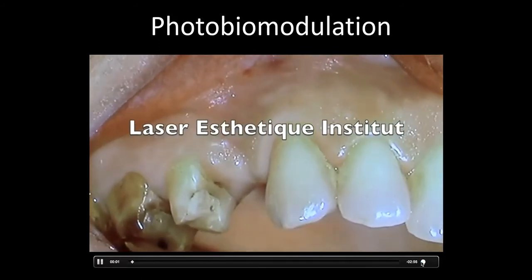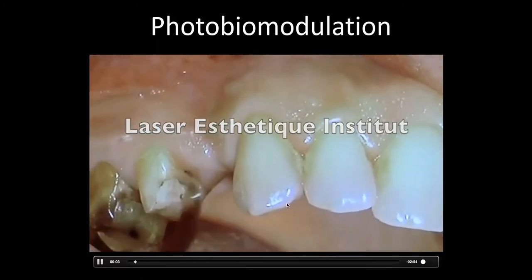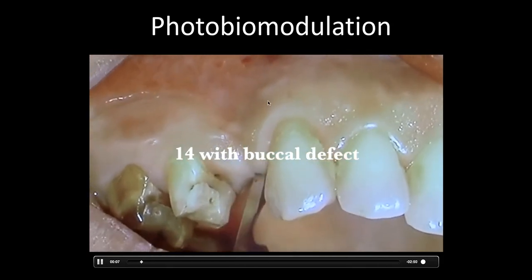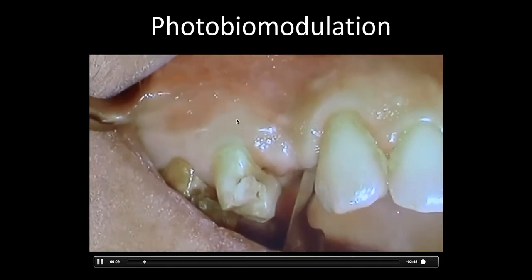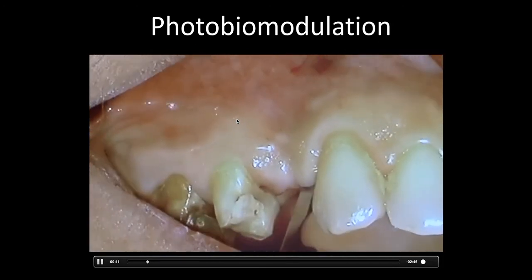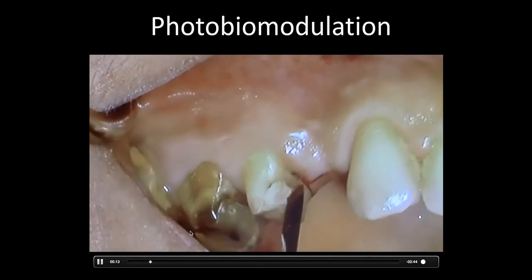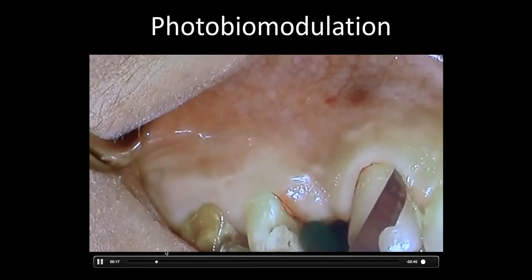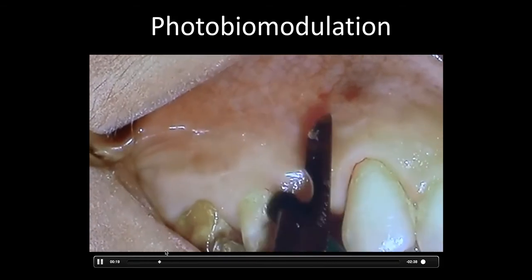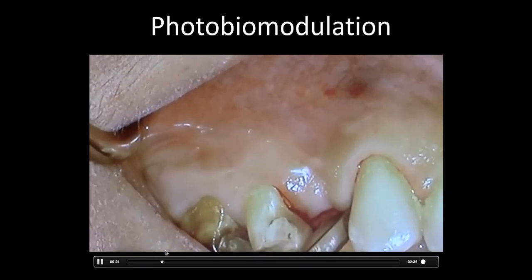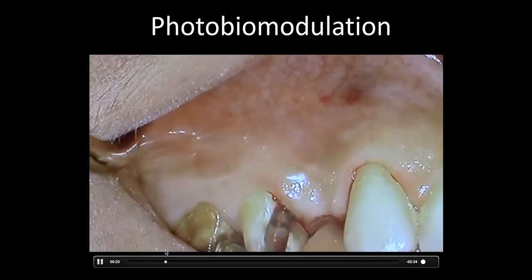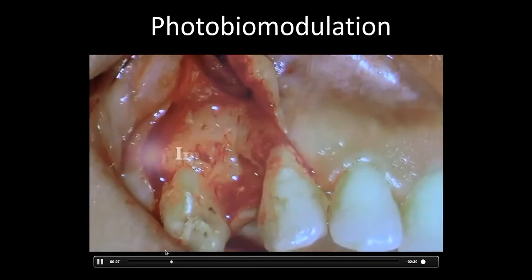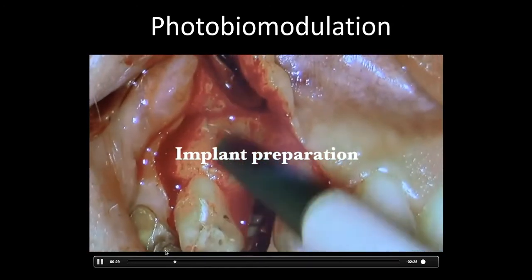Biomodulation, you can see here, is a case of a defect on the thickness, and the patient will have the insertion of an implant with a lot of work of lasers with biostimulation. So we can do without laser, but we prepare the sites.